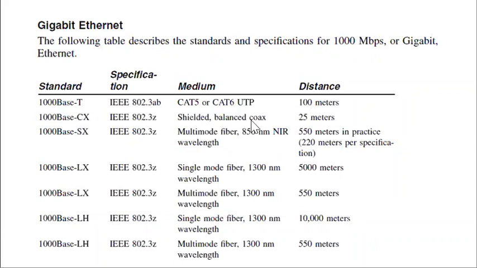CS shielded, okay, balanced coaxial cable 25, okay. And if it is fiber with long range single mode, okay, 5000 meters, the wavelength is 1300 nanometer. And if it is multi-mode, then again 1300 nanometer, 550 meters. Okay, so these are some of the specifications.